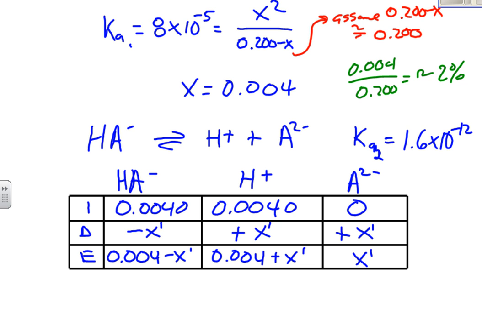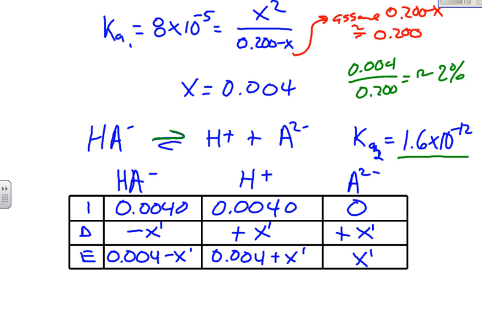Now it's time to look at that value of the equilibrium constant. That equilibrium constant is 1.6 times 10 to the minus 12. Extremely small. This will always be the case. That second ionization, that second dissociation of the acid will always be much smaller than the first. And what this means is that the extent to which it's going to go in the forward direction, in this direction, will be very small.